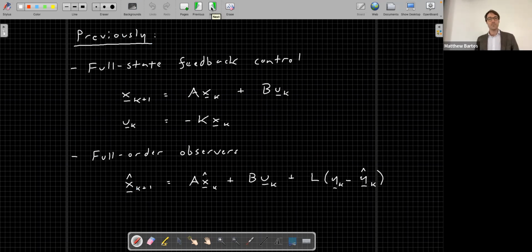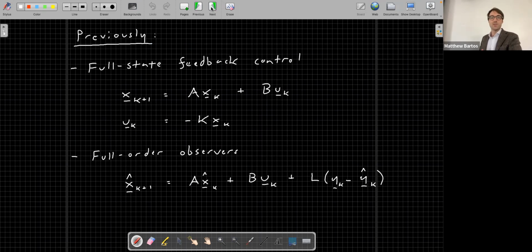So last time, in the last two lectures, we covered two related concepts. We finally got to control of multivariable dynamical systems. We looked at full state feedback control. And here I'm looking at these systems in discrete time because it'll make our lesson today easier.